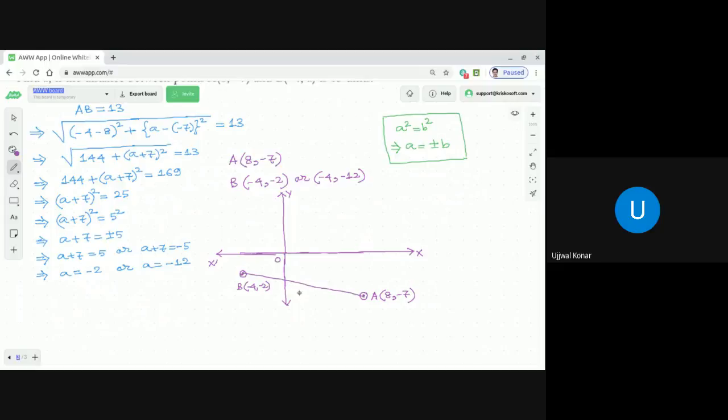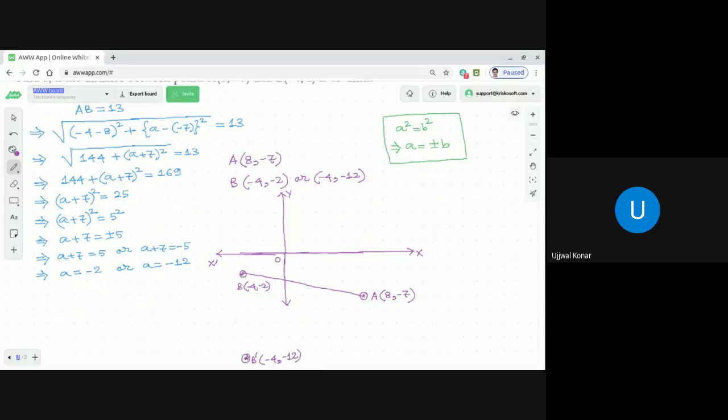Now, that is AB. Another point could also be minus 4 comma minus 12. Suppose minus 12 will be here. So that is another point. If I call the first B, then I can write this as B prime, minus 4 comma minus 12.